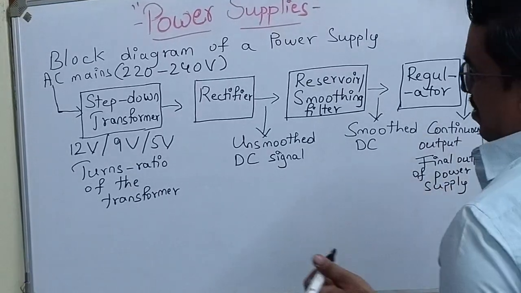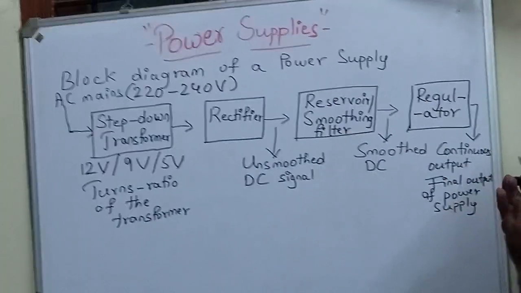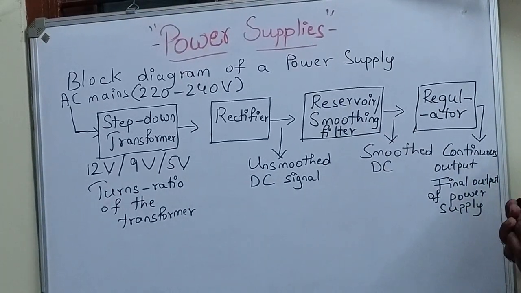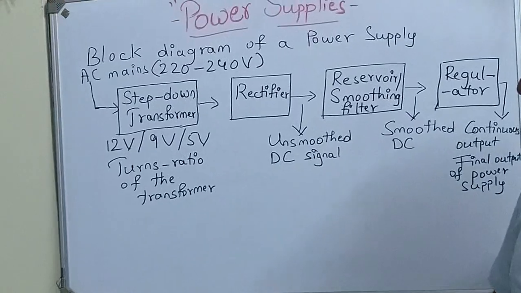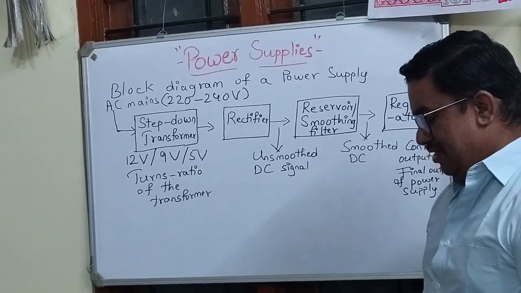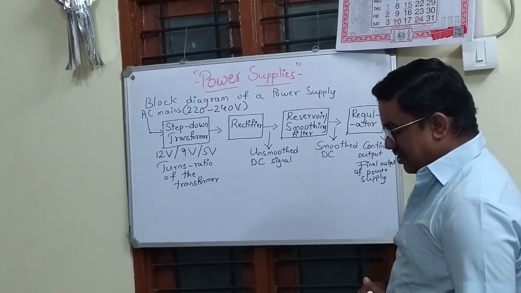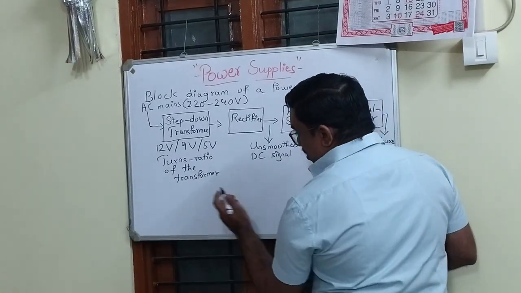You can consider a mobile charger as an example of a power supply circuit, which gives a 5 volt DC signal as its output. Some of the main components are obvious.